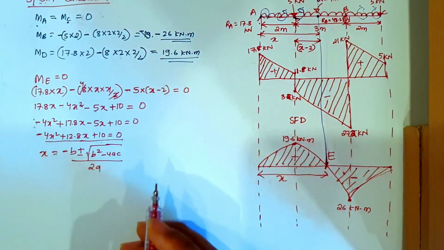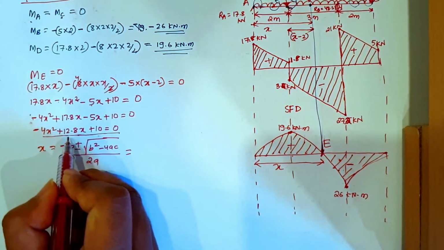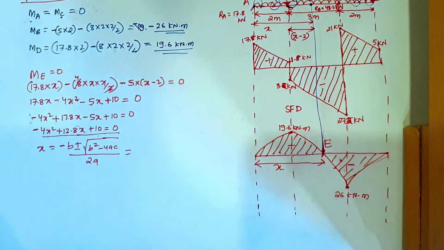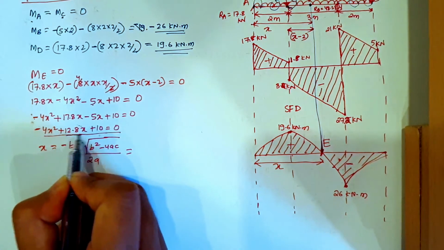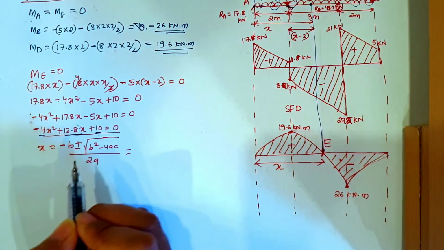So let me solve it in this manner. So here b is this point, right? B is 12.8, a is minus 4, and c is 10.